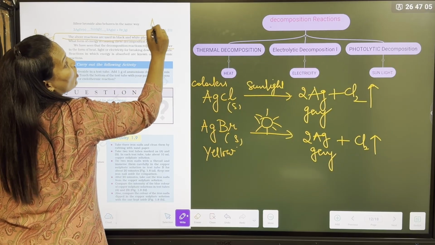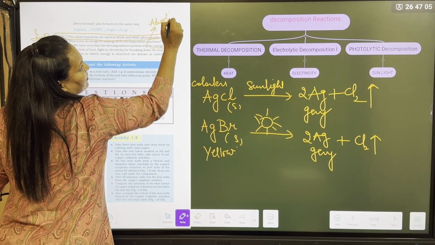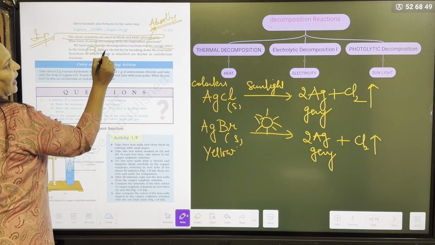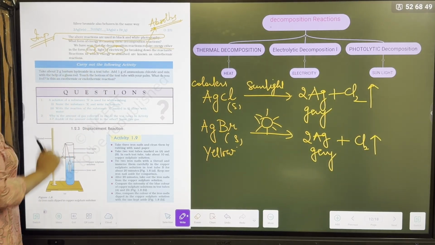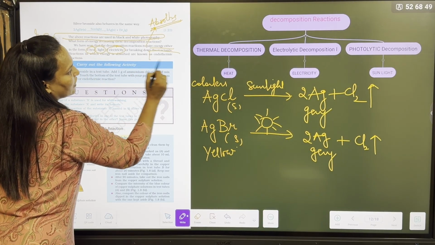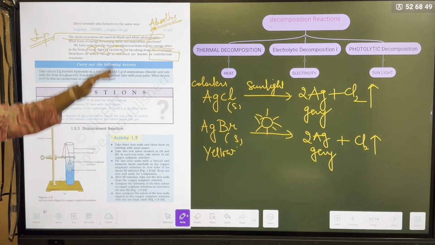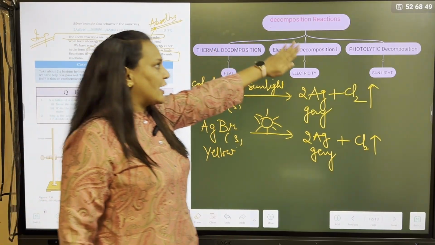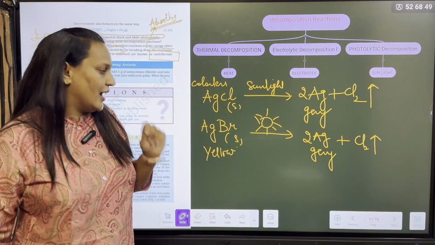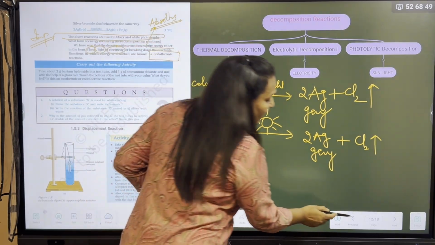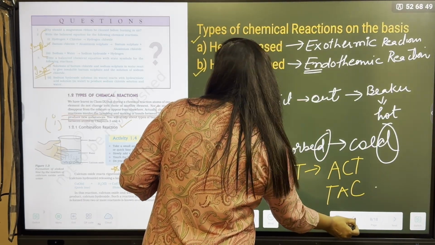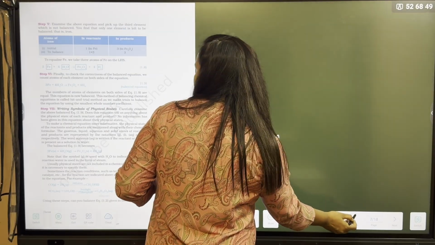Decomposition reactions require energy. Require means they absorb energy in the form of heat, light, or electricity for breaking down the reactants. So these reactions are also known as endothermic reactions. Either thermal, electrolytic or photolytic, they are all endothermic reactions. But remember one decomposition reaction which is exothermic also. It is written here.